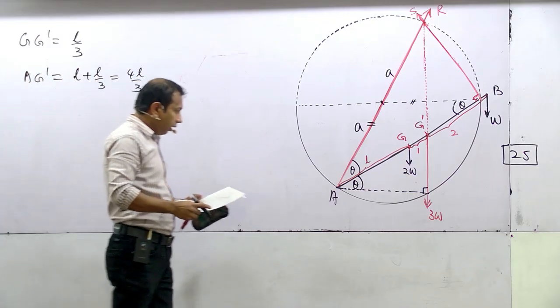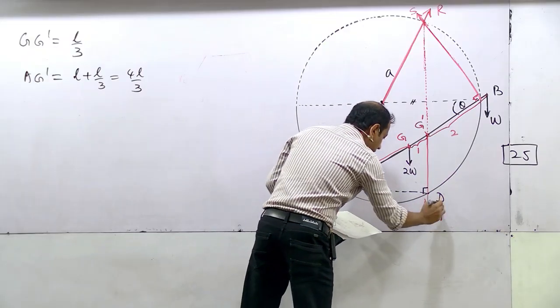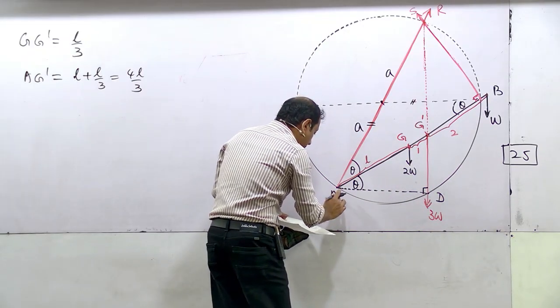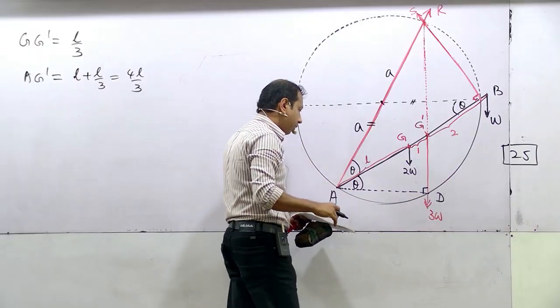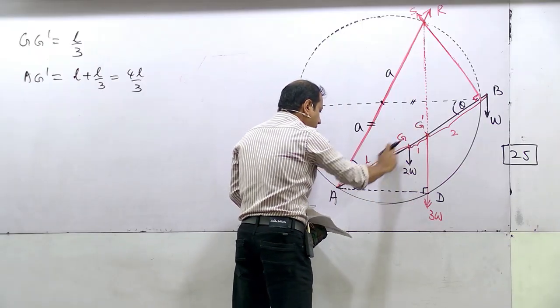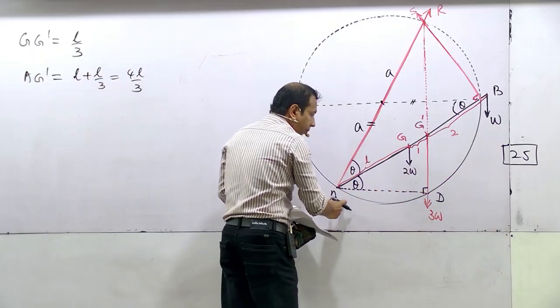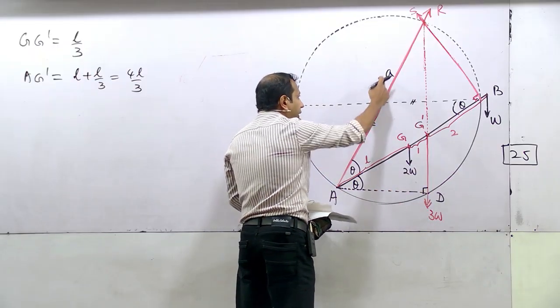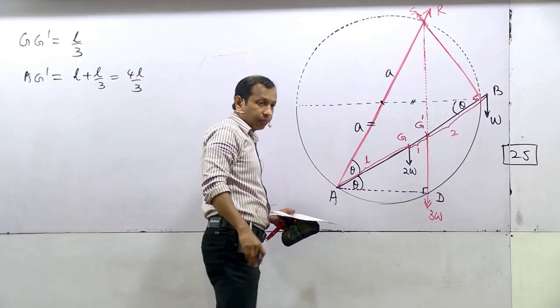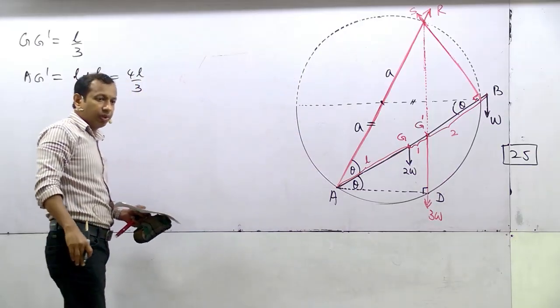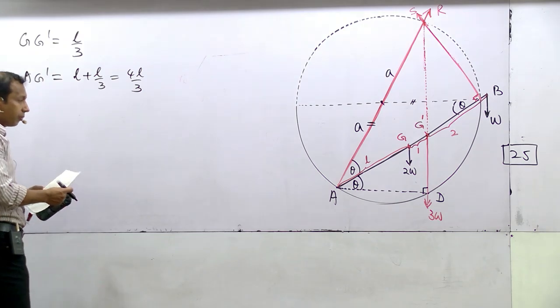Okay. I'll take this point as D. This AD I can write in 2 ways. What? AG dash cos theta and 2A cos 2 theta. All the geometry we use there, right?